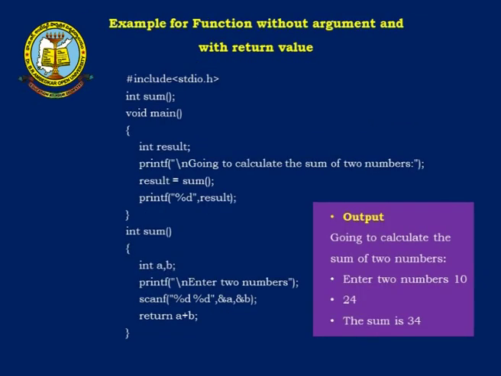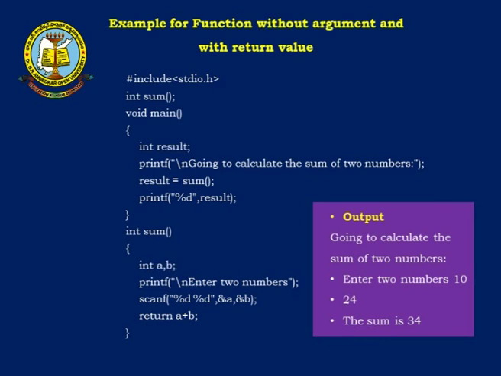And third category is function without argument and with return value. Observe this program. Here we are specifying the declaration statement like int sum and within the parenthesis we don't have any values, because it is without arguments.